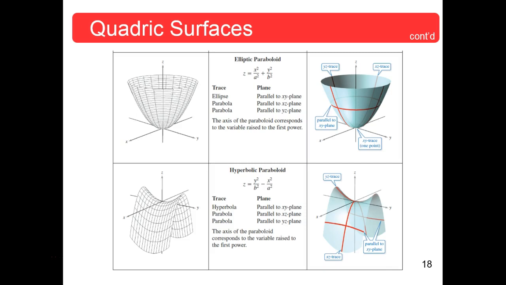And when x equals 0, you're in the yz plane, that's that. This is the xz plane, this one up here that goes up to there, and here's the yz trace down here to there. Parabolas either way.